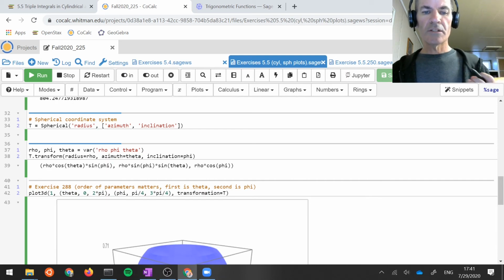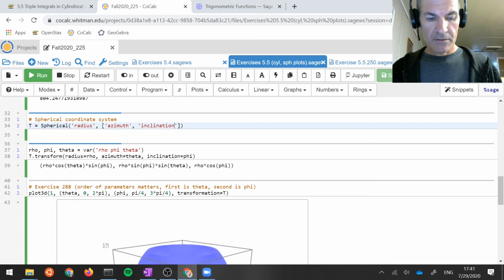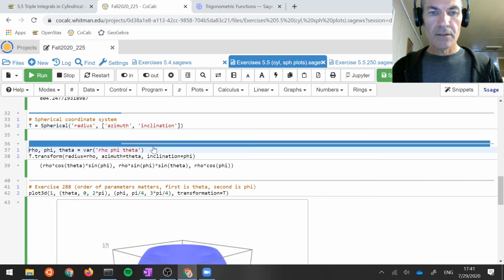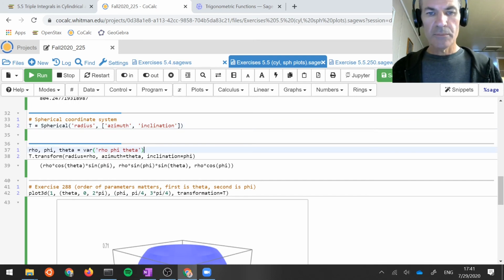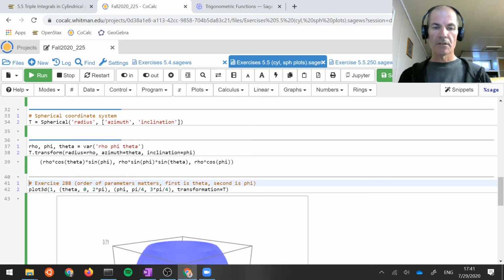So we're going to specify functions theta first and then phi. We set up this transformation and we declare the variables rho, phi, and theta. And we actually can look at the transformation, and this is consistent with what we know of the spherical to Cartesian coordinate transformation.